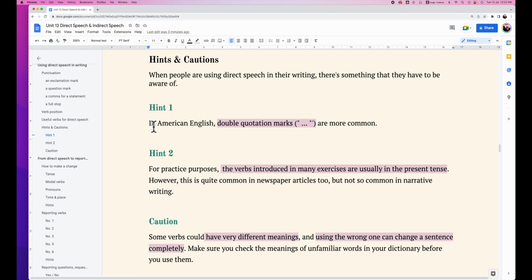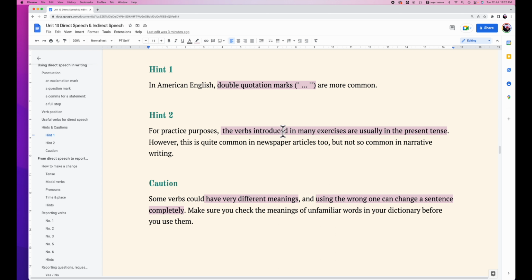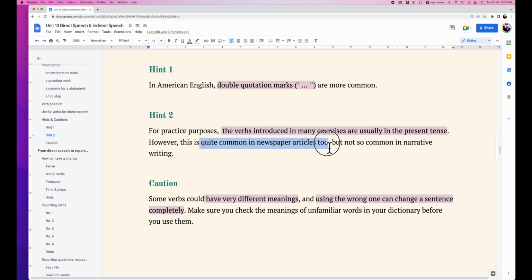Now, American English, hint number one: double quotation marks are used instead of single quotation marks. And also, in these examples, many of the exercises we have used the present tense on purpose. It's also very common when we are reading newspaper articles, but for narrative writing, that isn't so common.